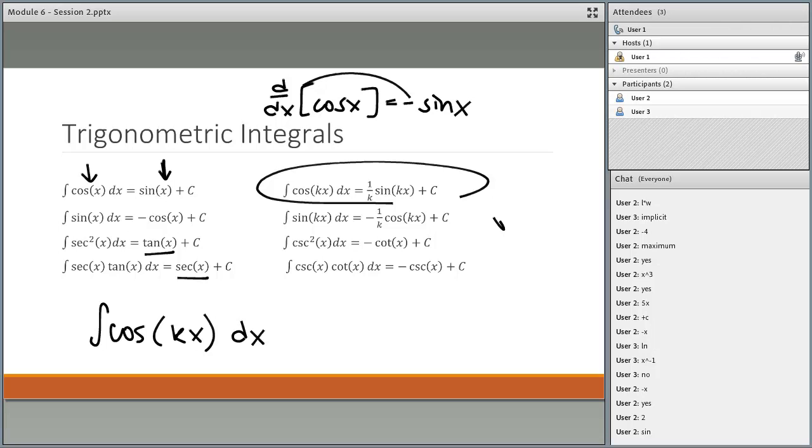Thinking about taking derivatives, how would I take the derivative of cosine of kx? I would take the derivative of the cosine, keep the parentheses, and then multiply by the derivative of that kx, which would just be k, out at the front. So since I'm taking the integral rather than the derivative, instead of multiplying by k out at the front, I actually am going to divide it out.